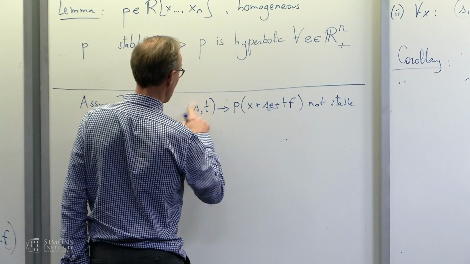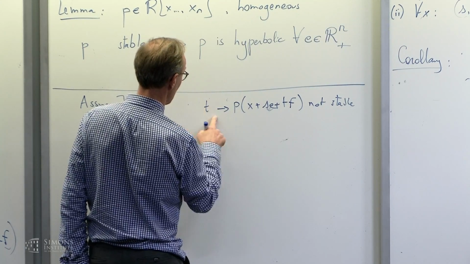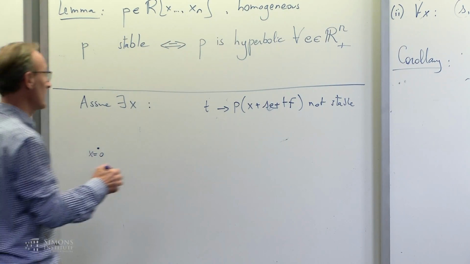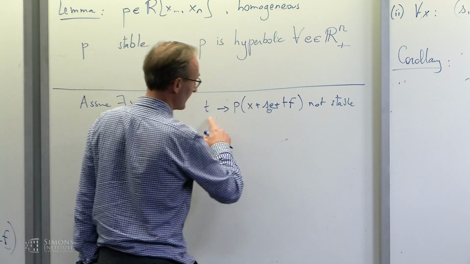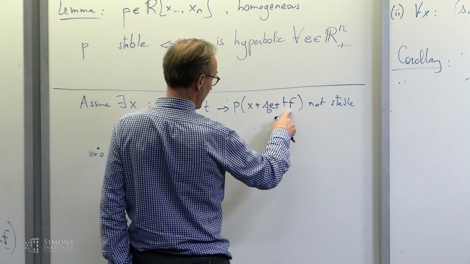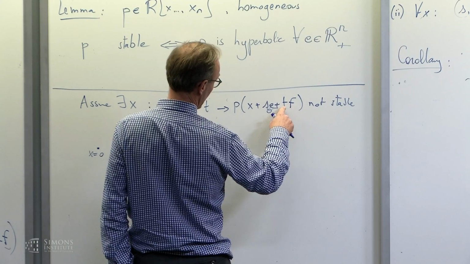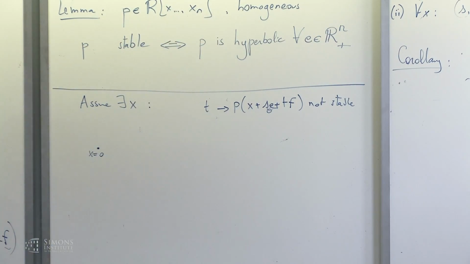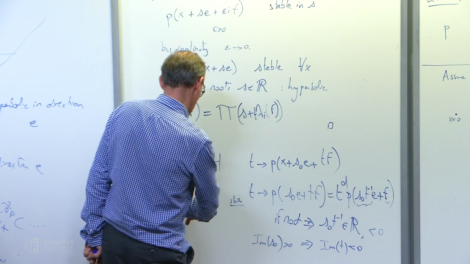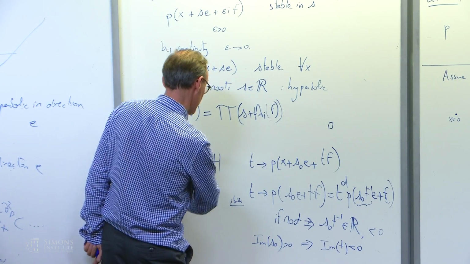If it is not stable, it means that I have a root t that is not in H. But t was in H when I was looking at the roots for x equal to 0.